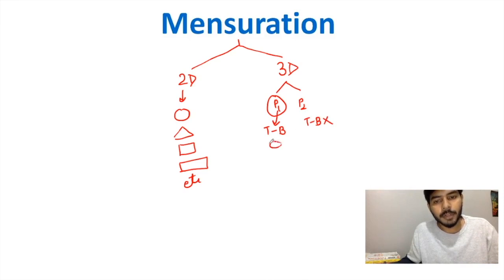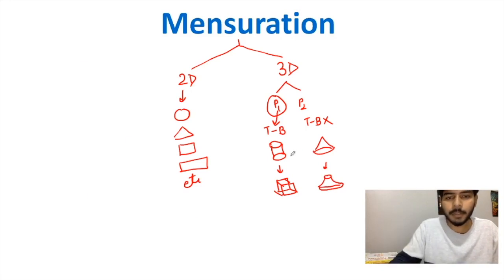An example can be your cylinder, whose top and base are the same. Others can be cube, cuboid, etc. Those figures whose top and base are not the same can be a cone, can be a frustum. These types of figures we will talk about in this.